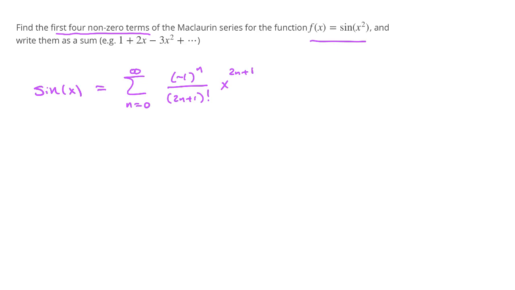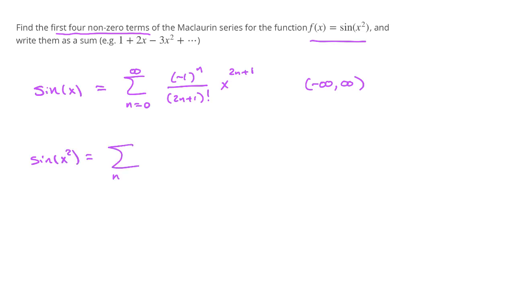And then just as a reminder for that, remember that this series is valid on the entire real number line from minus infinity to infinity. Now, if we want to do a value for sine x squared, we simply do a substitution.